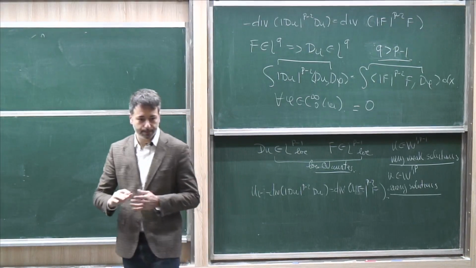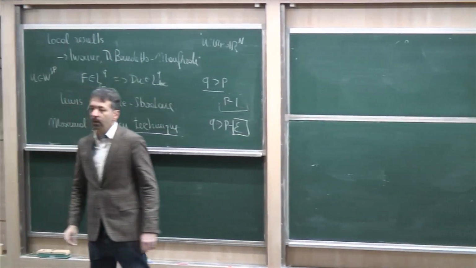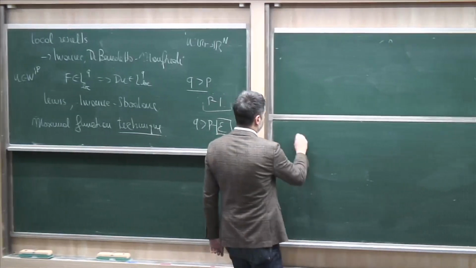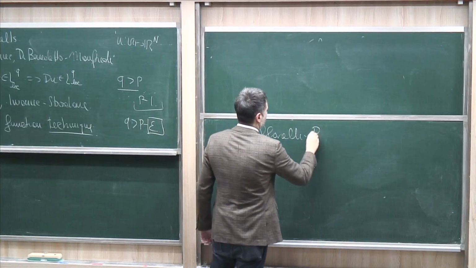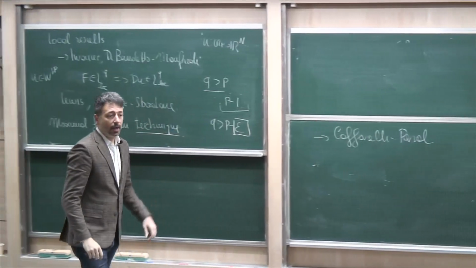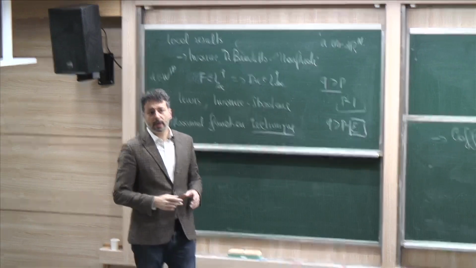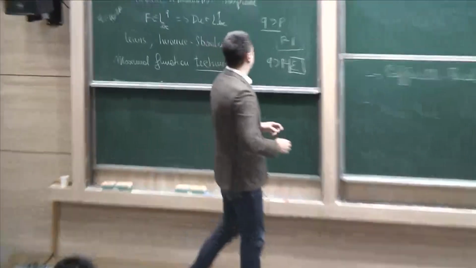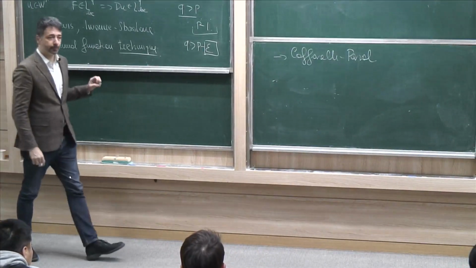That's what they're doing. Eventually, another approach has been developed by Caffarelli and Peral, we're probably not aware of these papers, and they developed another approach to local estimates, which is also very nice, and it is still based on the use of the maximal operator.